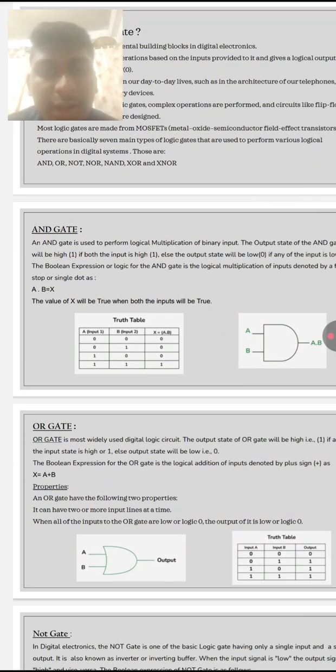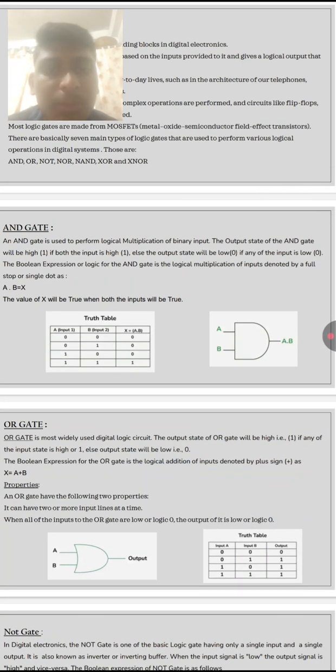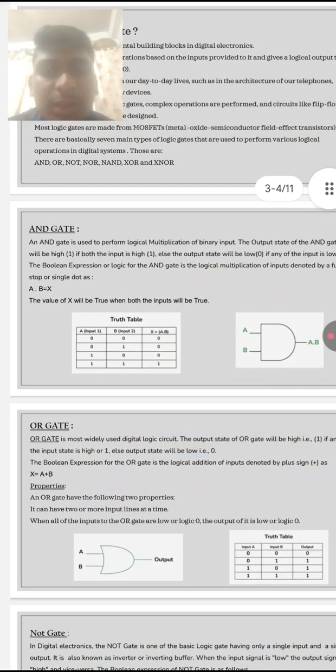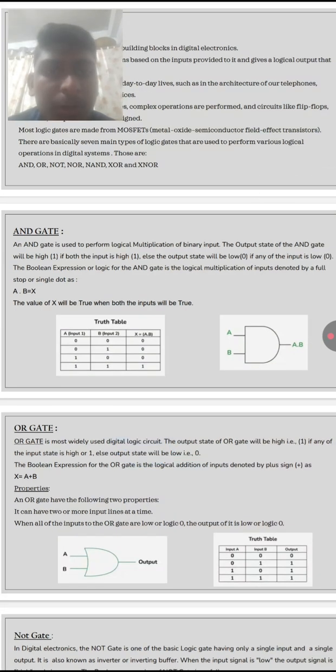AND gates are used to perform logical multiplication of binary inputs. The output of the AND gate will be high 1 if both inputs are high 1, else the output will be low 0.